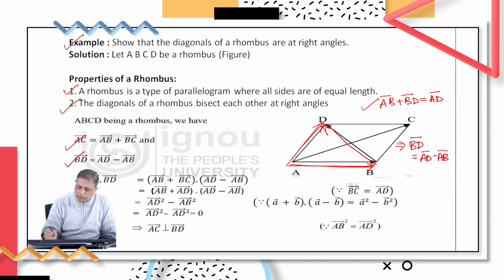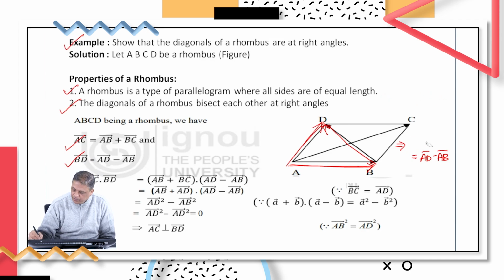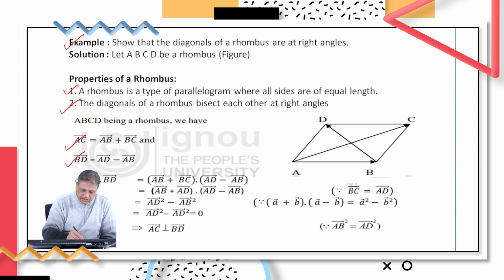Now, taking the dot product of the two vectors, that is AC and BD, and AC and BD both represent the diagonals of the rhombus. So AC dot BD will be given by AB plus BC, and AD minus AB.